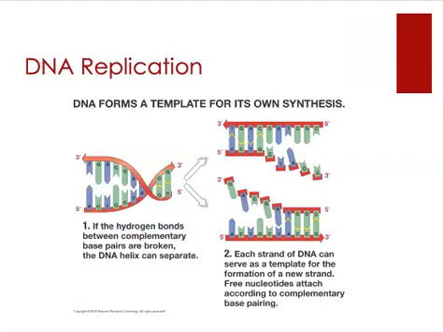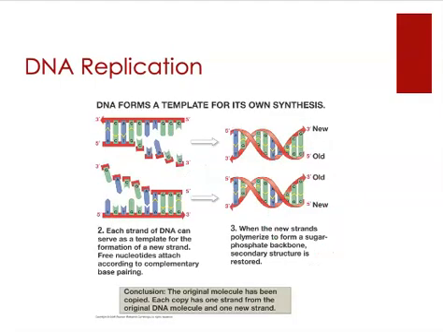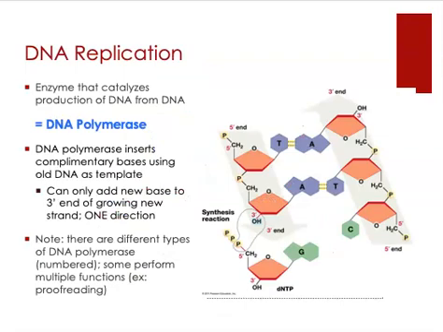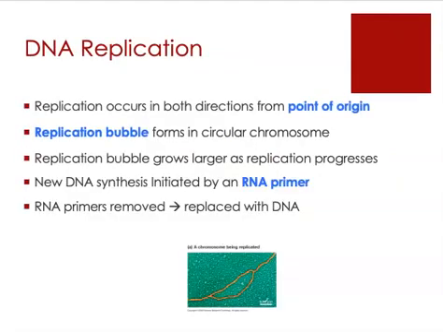We looked at some images of how that process occurs. We talked about the enzyme that does this important work, called DNA polymerase. And we started talking about the process itself. So I'll begin here today reviewing the first few steps of DNA replication for us.